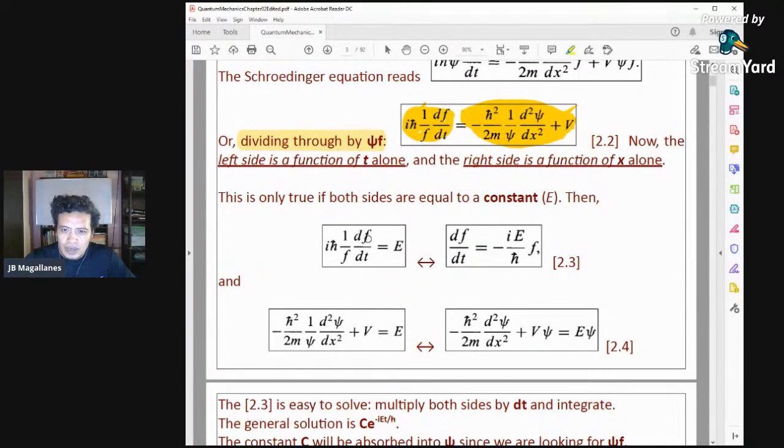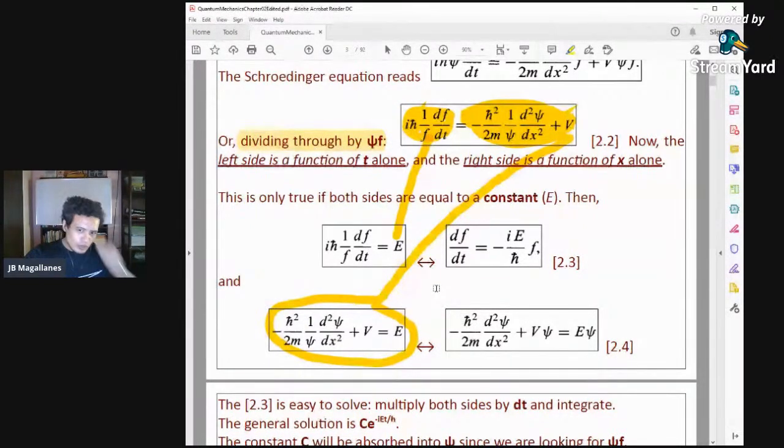This one is equal to E, and this one also is now equal to E. So they are equal to a constant.